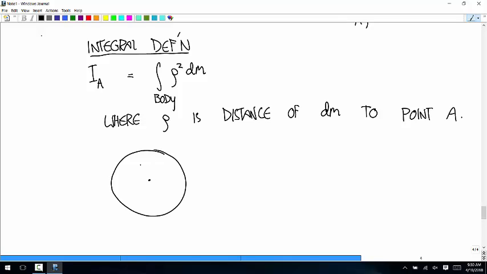Okay, so let's say that this distance is capital R, and the mass is m. And then to do the integral, we'll break it up into infinitesimal masses dm, which are these little rings.